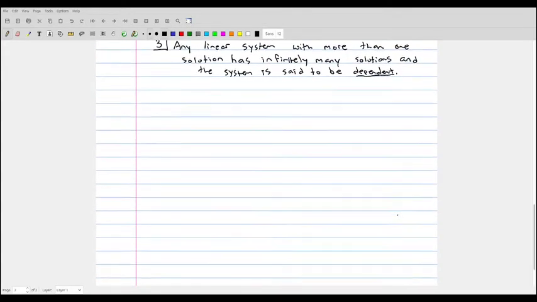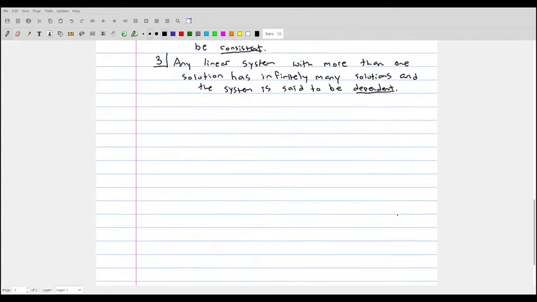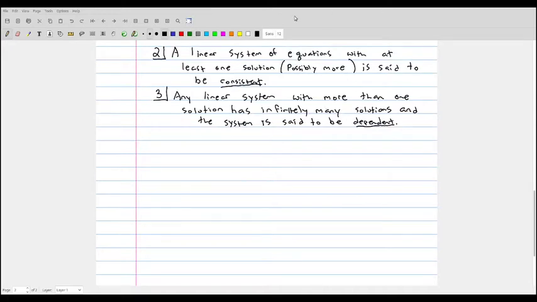So we'll go through and we'll introduce the substitution method right now, as well as the elimination method.